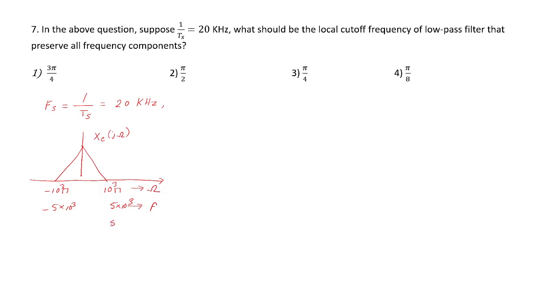I'm just writing it as 5, where I consider the scale in kilohertz. So when you sample it at a sampling period of Ts, you are going to create multiple copies of the same spectrum.